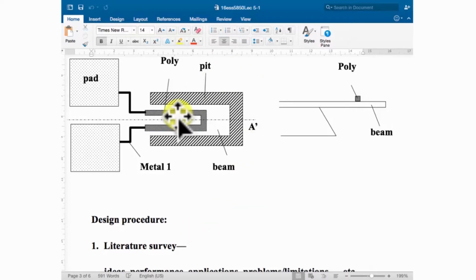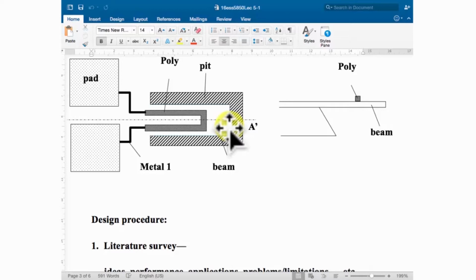So according to the mechanics of materials, they will tell you if you want to curve up the structure to what kind of degree or what kind of levitation depth, you need to give how much force or how much stress into the beam.